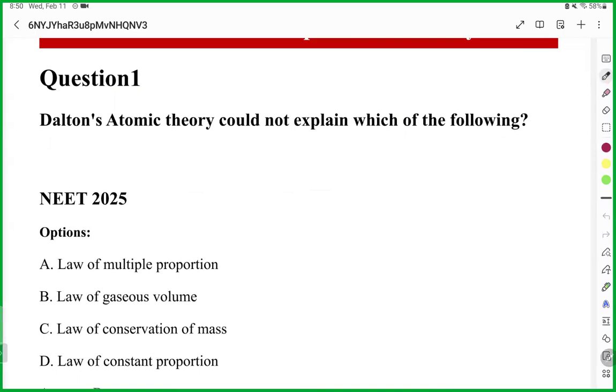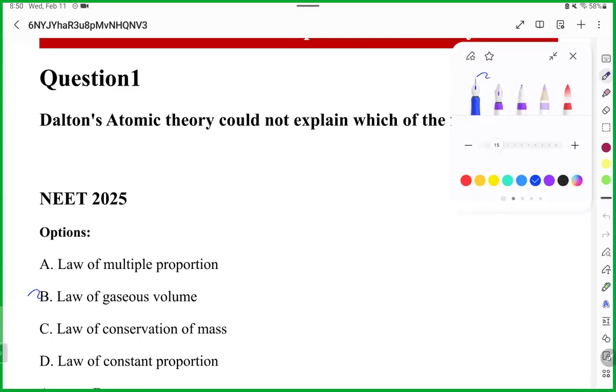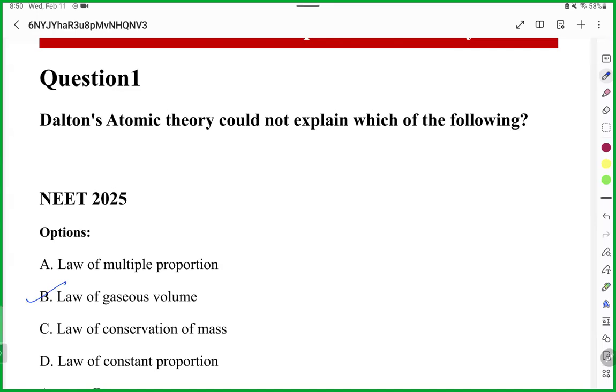Definite fixed proportion was given by Proust. So in this case, answer will be second. Gaseous laws are not explained by Dalton atomic theory. Okay, remaining things were given earlier: definite proportion, multiple proportion, and law of conservation of mass.